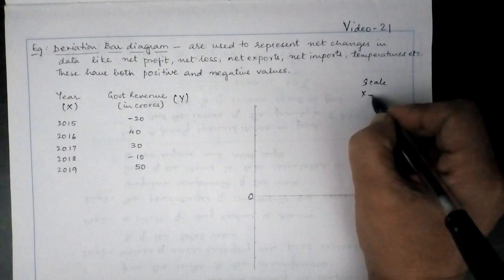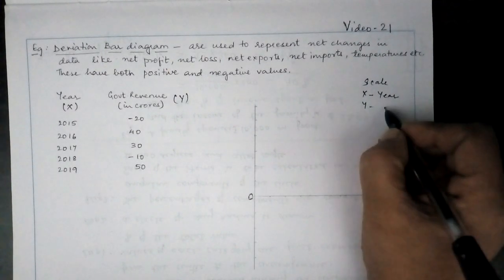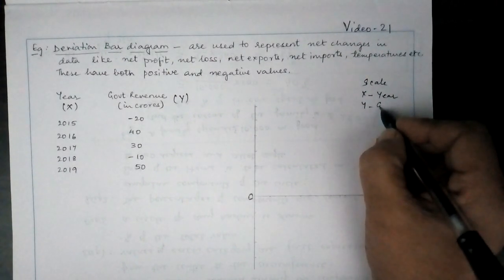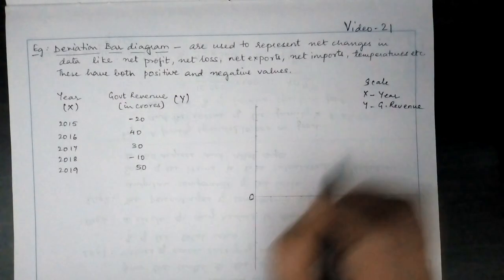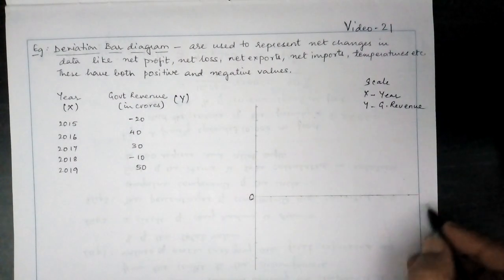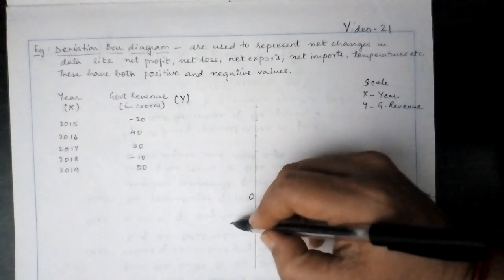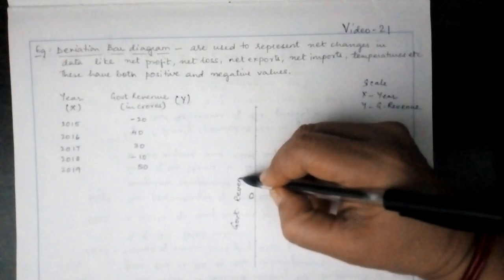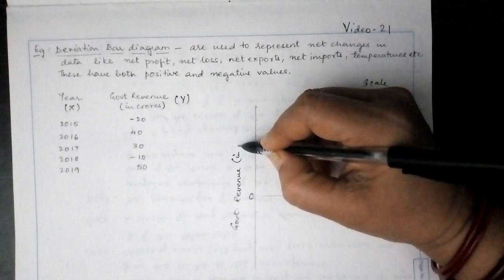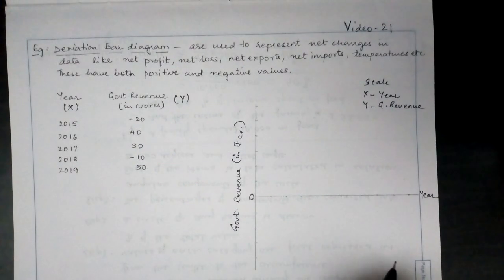On the x-axis we are going to represent year, and on the y-axis we will represent government revenue in crores of rupees. So the same thing we are going to write here, year on the x-axis and government revenue on the y-axis in rupees crore. Okay, that's how we will write.